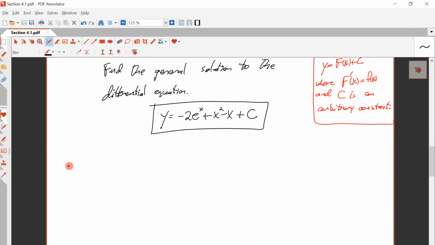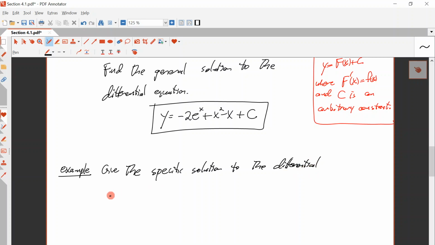Now, what about something like this? Give the specific solution to the differential equation y prime equals 3x squared y, given that y equal to a e to the x to the third is the general solution.